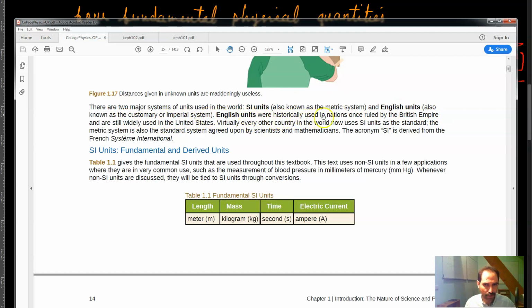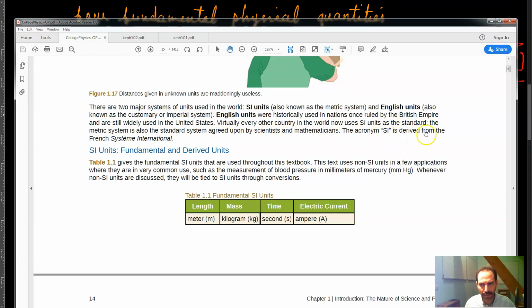English units were historically used in nations once ruled by the British Empire and are still widely used in the United States. Virtually every other country in the world now uses SI units as the standard. The metric system is also the standard system agreed upon by scientists and mathematicians.